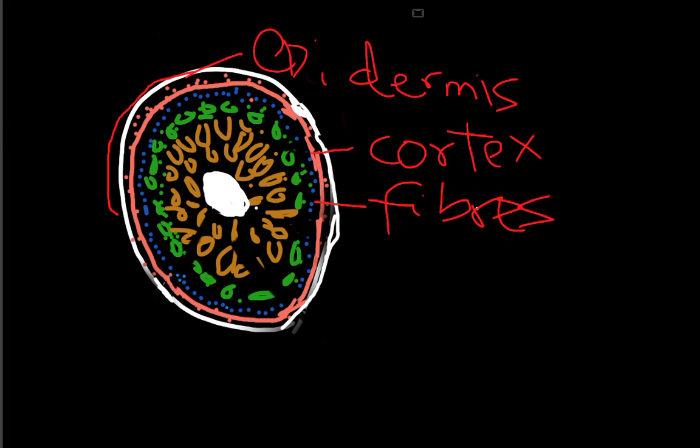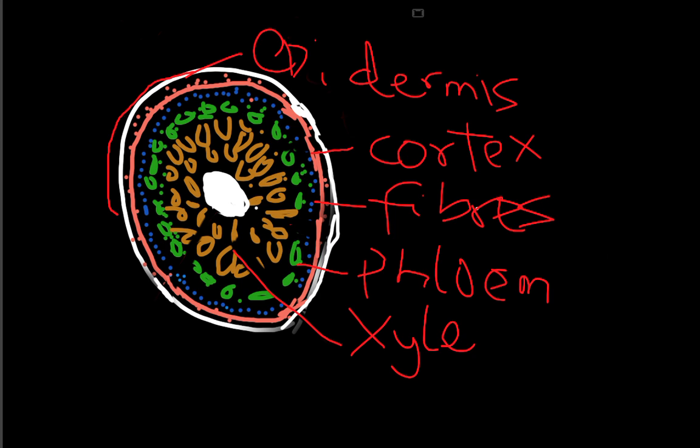Then after the fibers, you would find the phloem, and after that, you would find the xylem. The phloem and the xylem are conducting tissues. They transport nutrients and fluids from the roots to the flowers and the leaves and to the other parts of the plant itself.